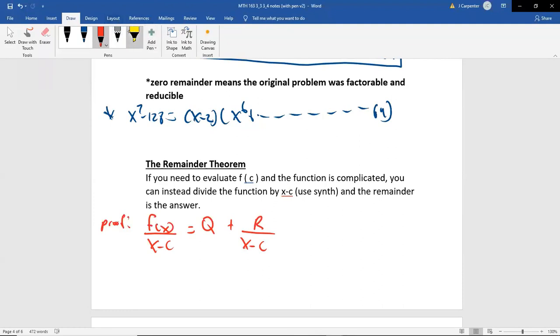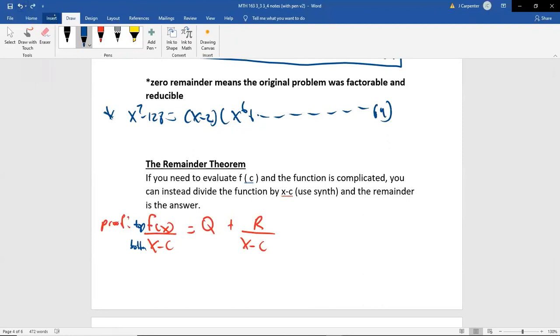Now, this is just the original answer for long division or synthetic division. If you've got some top divided by a bottom, this was the original top, this was the original bottom. But now I'm deciding to call the top f of x, and we're calling the bottom x minus c because it fits synthetic division. In this problem, we were not given a synthetic division problem, we were just given the function, which I'm going to call the top, and we choose to divide by x minus 5 if we're trying to evaluate at 5.